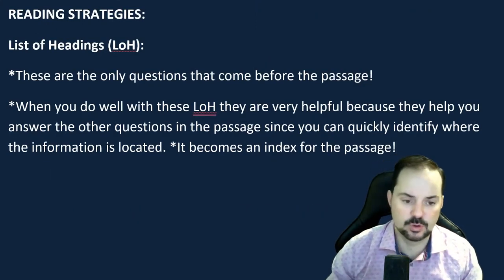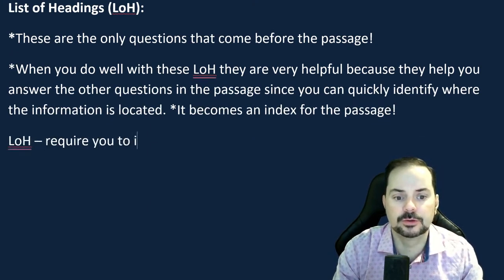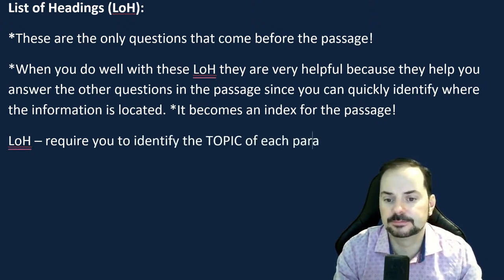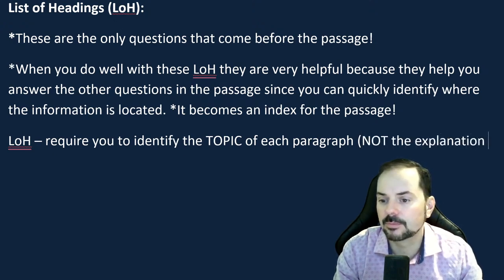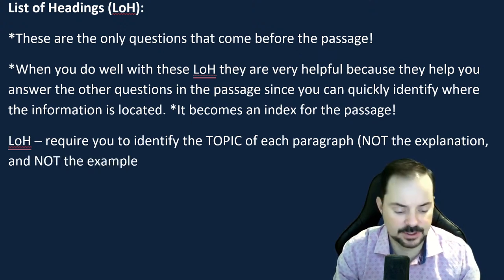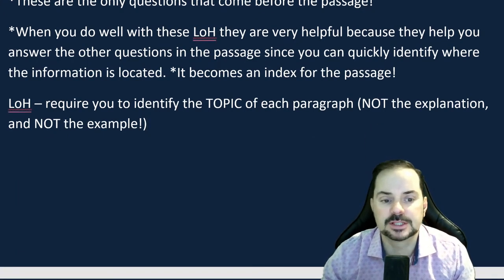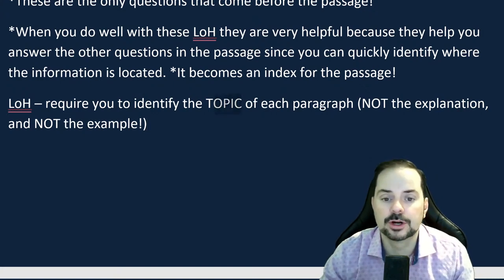So LOH questions require you to identify the topic of each paragraph, not the explanation and not the example. Careful with that, okay? Because some of them will trick you. You'll think it's the right one, but it's not, because it's not the explanation and it's not the example. So you're looking for the topic, okay?